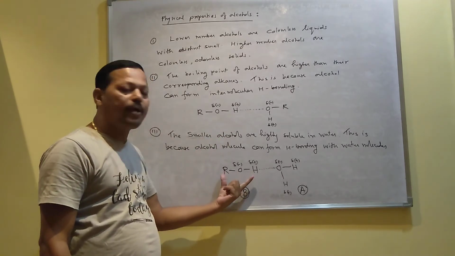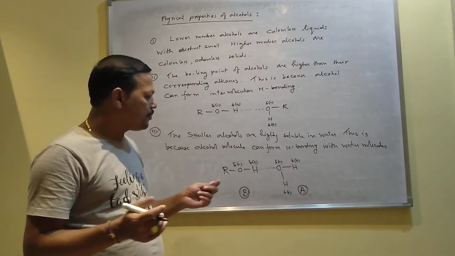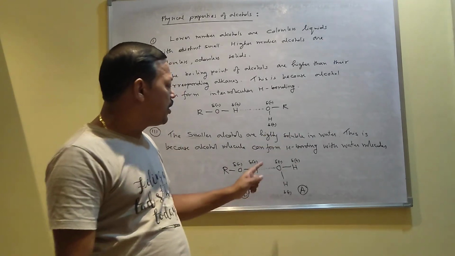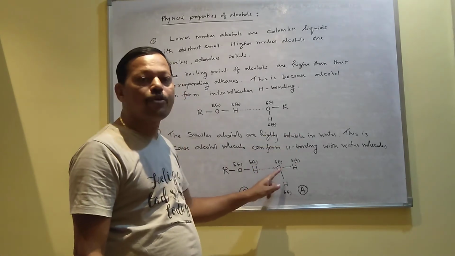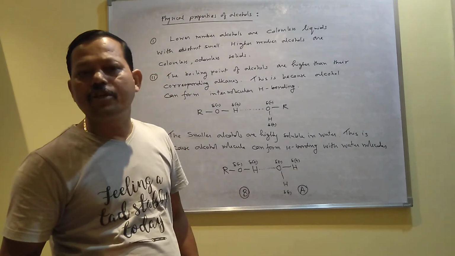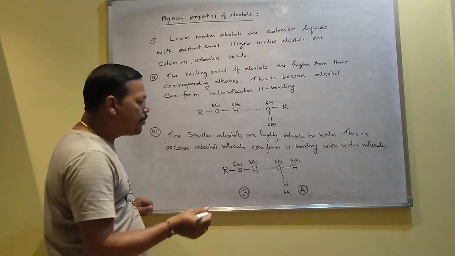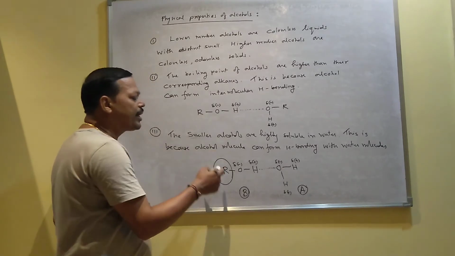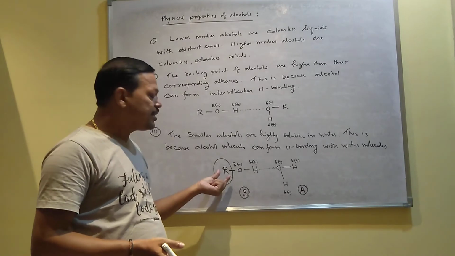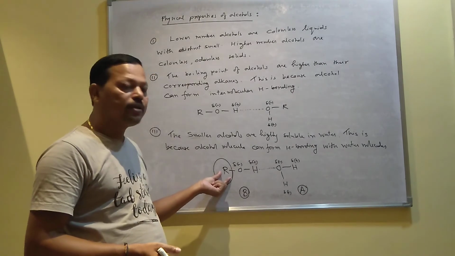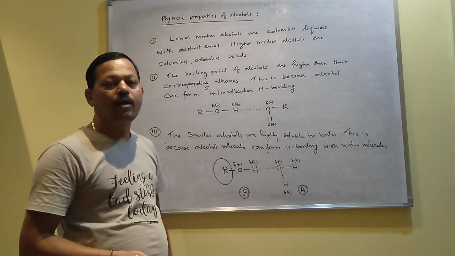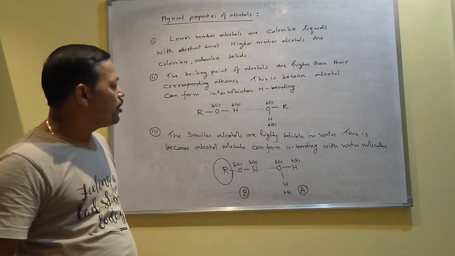As the size of alcohol increases, I mean if the alcohol is a higher member, then it is unable to form the hydrogen bonding with water molecules, and that is why higher member alcohols are insoluble in water. In case of higher member alcohols, the size of the alkyl group, R group, keeps increasing. Due to increase in size of R, it is unable to form the hydrogen bonding, and due to this higher member alcohols are insoluble in water.